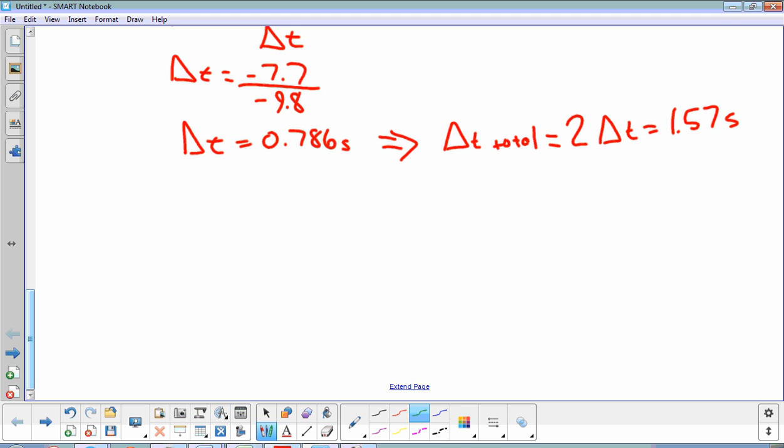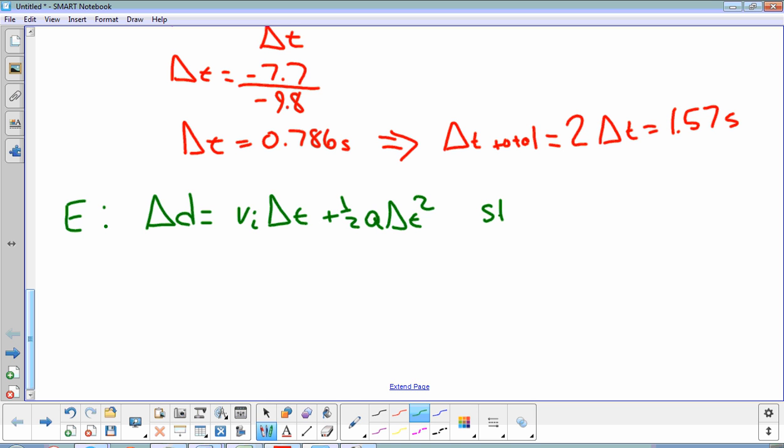Now I'm going to try to find the displacement of the skateboard. Because if he caught it, I need to know how far away it was, right? So we're going to use values from the skateboard, and we're going to use our displacement equation. Delta D is equal to V initial delta T plus 1/2 A delta T squared. So this is all skateboard in the X direction.